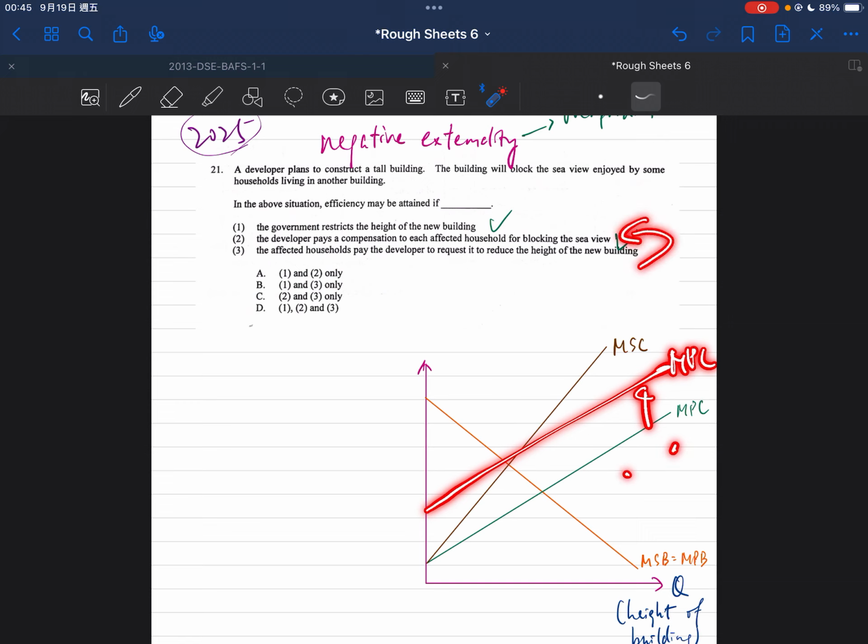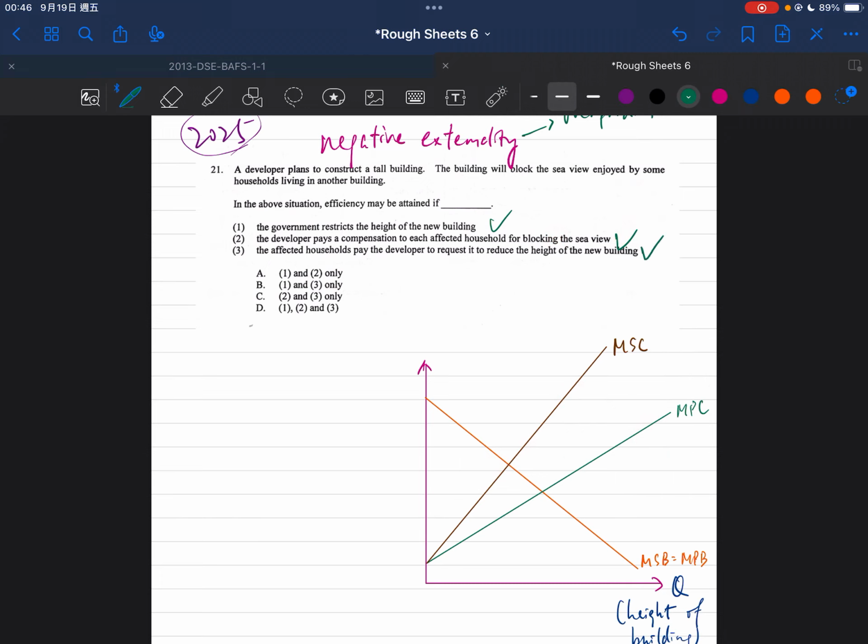Like the second scenario, when the marginal private cost increases, it also reduces the external cost, because it will build a shorter building that affects the nearby households less. So the third option is also correct.